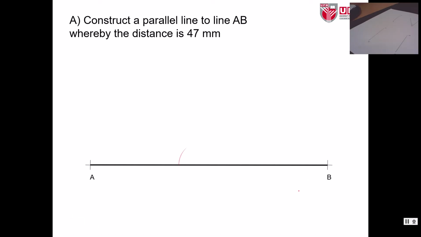So what you need to do first is to draw a circle in the center of the line, and then you're going to draw a perpendicular line, and then you set the distance at 47 mm, and then you draw the parallel line. The first step is to draw this semicircle line, and this is up to you in terms of radius.